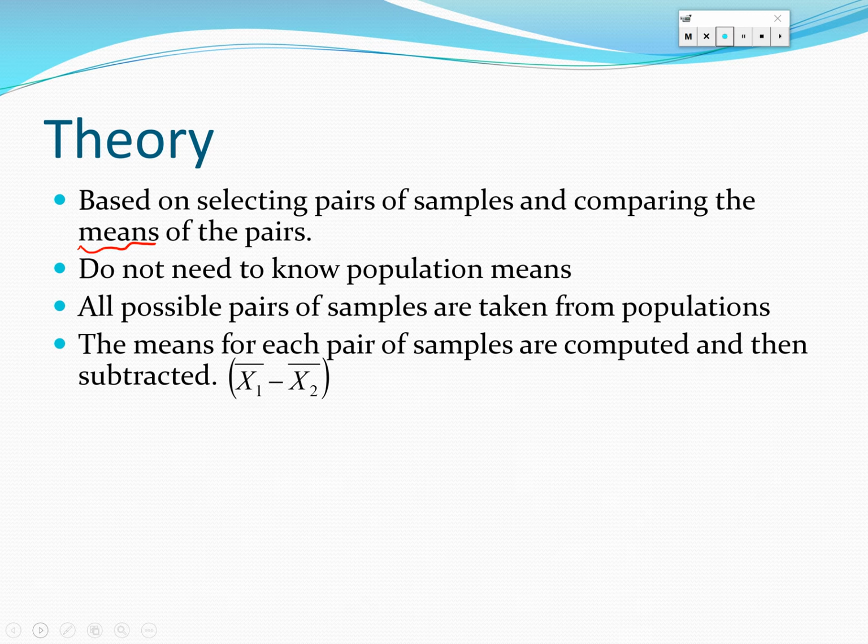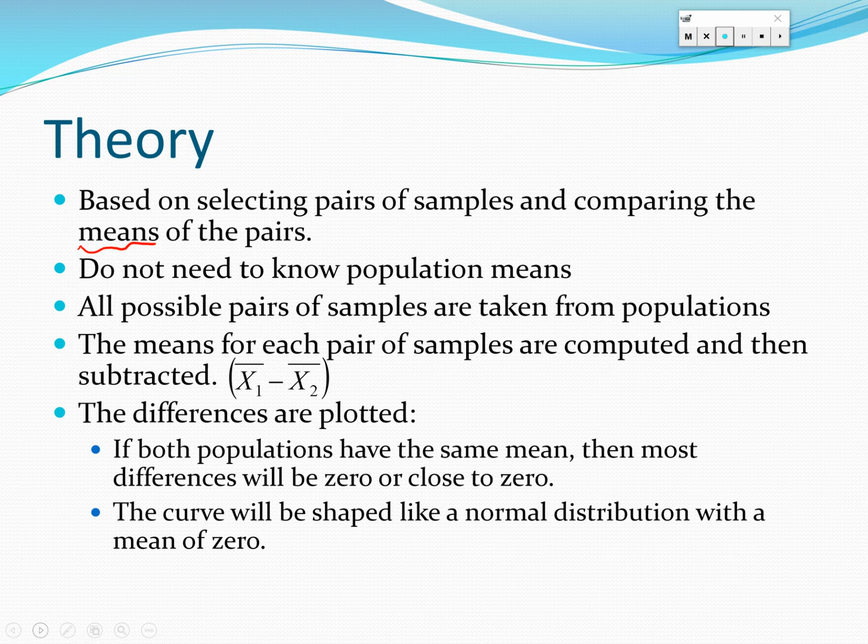You compute the means for each pair of samples and then subtract. After you subtract the differences, you plot them. If both populations have the same mean, the differences will be 0 or close to 0. The curve will be shaped like a normal distribution with a mean of 0. So that's what happens when we plot our differences.